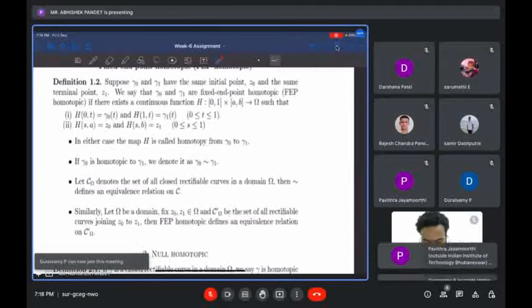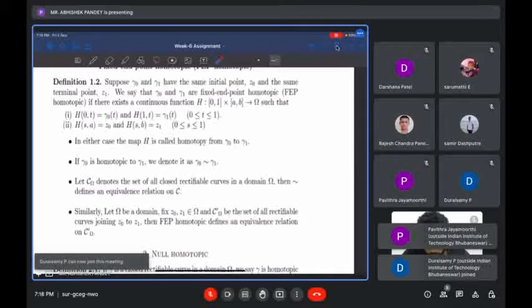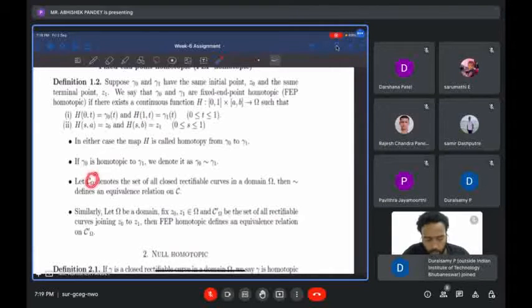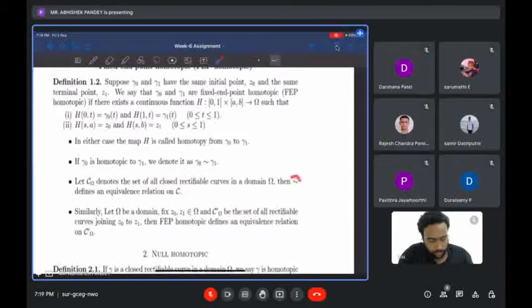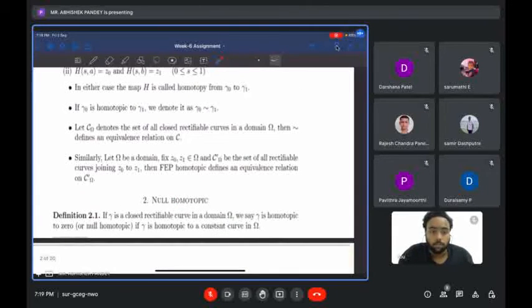Let C omega denote the set of all closed rectifiable curves in a domain. Then homotopy defines an equivalence relation on this class. Similarly, you fix 2 points and collect all the rectifiable curves which join z0 and z1.